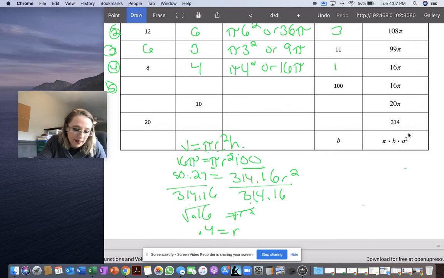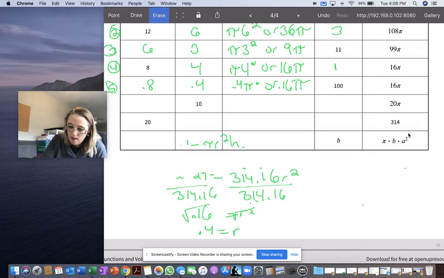Okay, so we know that our radius is 0.4, times that by 2, our diameter is 0.8. So therefore, our area must be 0.4 pi squared, or 0.16 pi. Okay, not too bad. Oops, I want to erase.